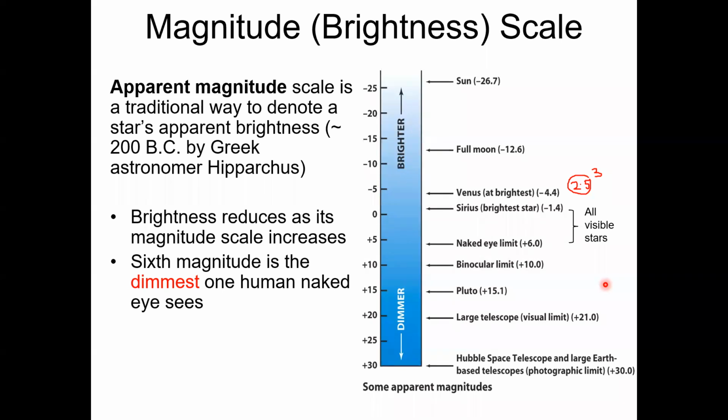It's on the verge of seeing it. Now if you reduce this brightness by this factor, 2.5 to the power 24, that is the limit of Hubble Space Telescope. So Hubble can see that much fainter objects.